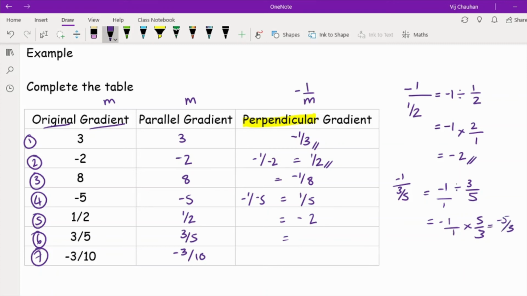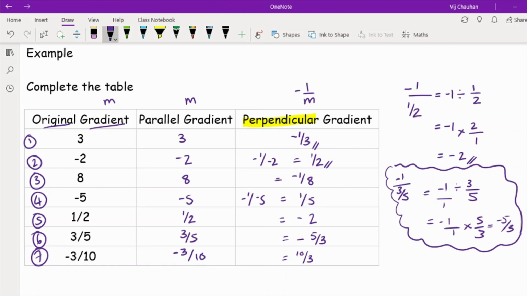A much quicker way, rather than writing all of this out, is to remember that when you have a fraction and you want the negative reciprocal, simply flip it and change the sign. So this would be 5 over 3, and it'll be a minus. Likewise with number 7, we flip the fraction so it becomes 10 over 3, and we change the sign so it turns into positive.